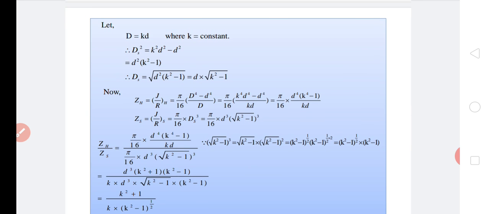So ds equals d into root over k square minus 1.